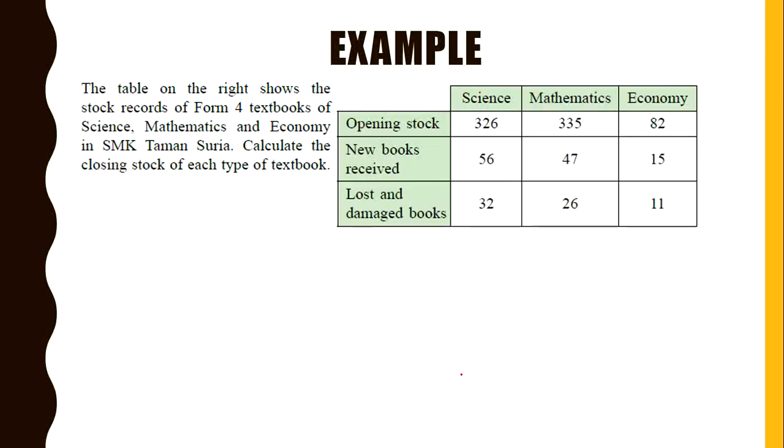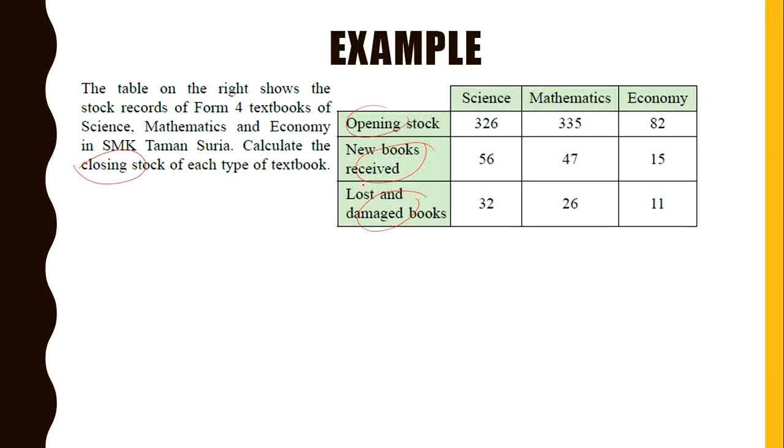Okay, next. The table on the right shows the stock records of Form 4 textbooks of Science, Mathematics and Economy in SMK Taman Suria. Calculate the closing stock of each type of textbook. Okay, closing stock tu apa pula? So kita tengok kat sini, we have opening stock, new books received, lepas tu ada lost and damaged book. Opening stock ni adalah nilai yang mula-mula ada, mula-mula 3 jenis buku ni ada berapa.